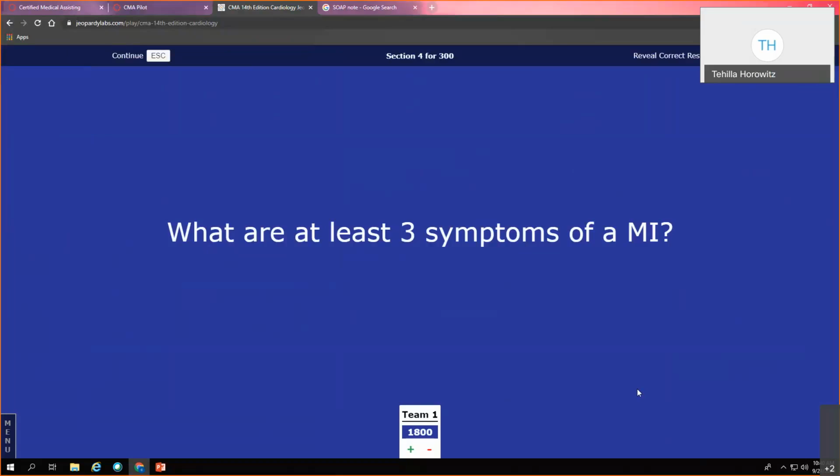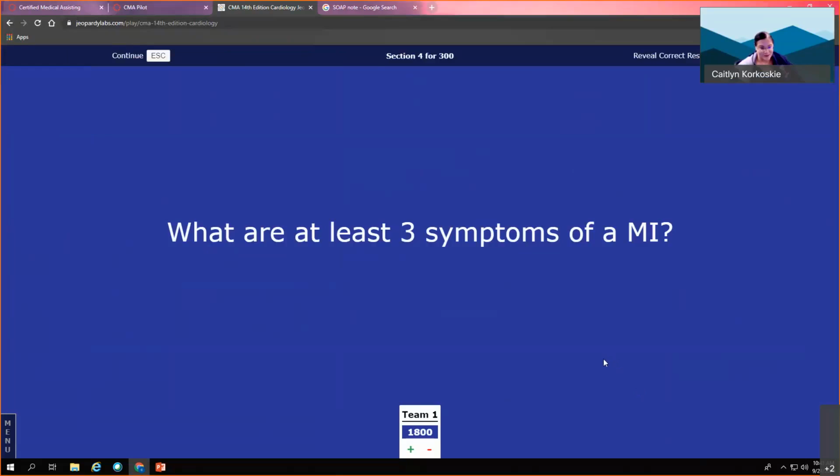Shallow breathing, and chest pain. What's the fancy medical term for chest pain? Angina. Yes.